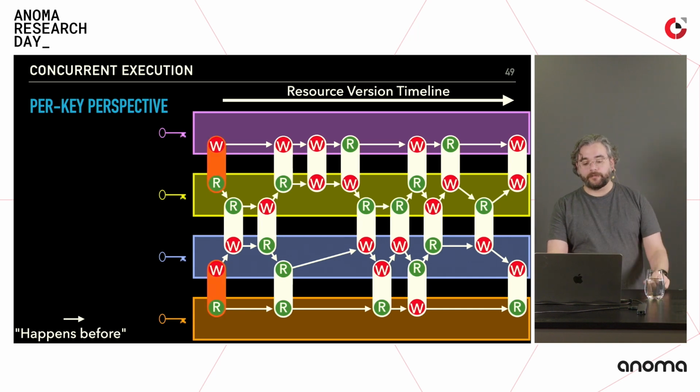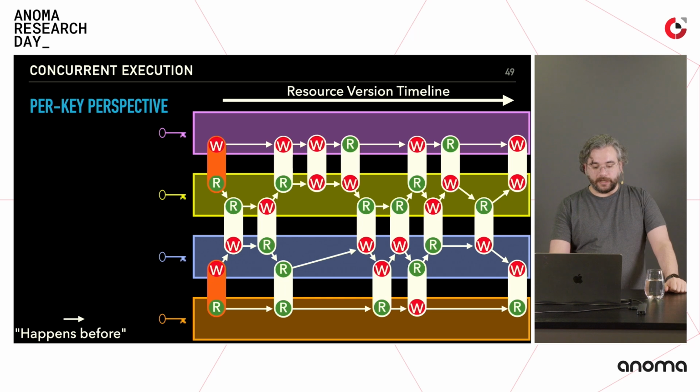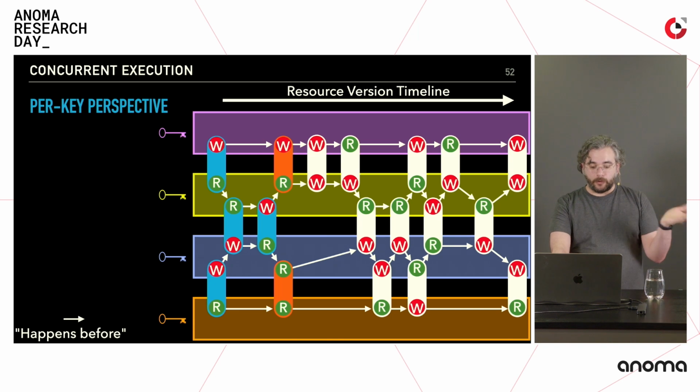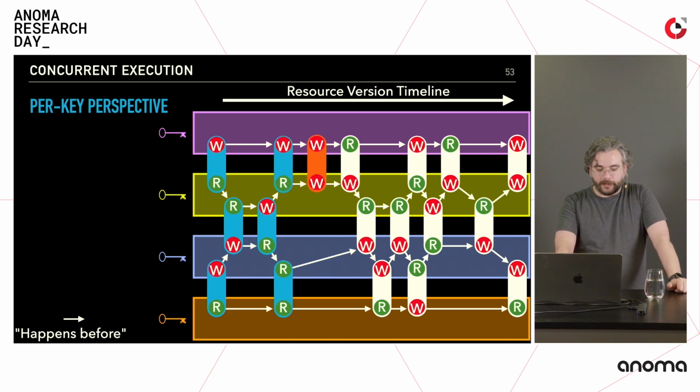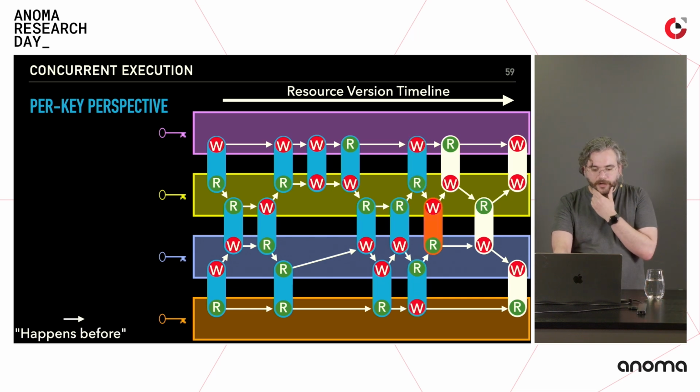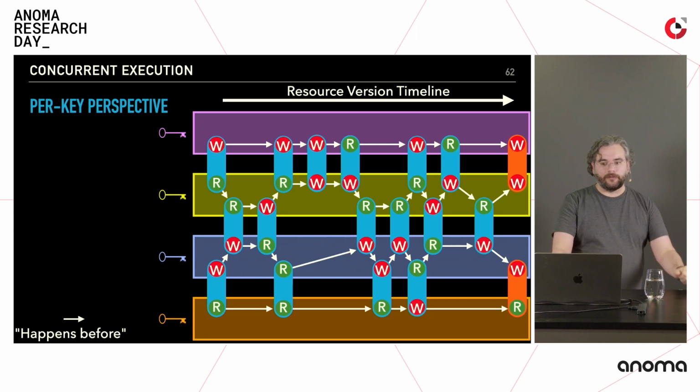Well, we already have some parallelism just by having broken this up into keys. We can run these 2 transaction candidates first concurrently, and then we'd run this one, and we'd have some more parallelism when we run these concurrently, and then we can run this, and so on, and so forth. A little concurrency here, a couple more, and then we finally executed all of our transaction candidates.